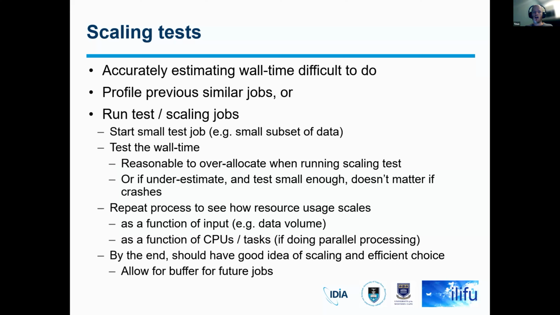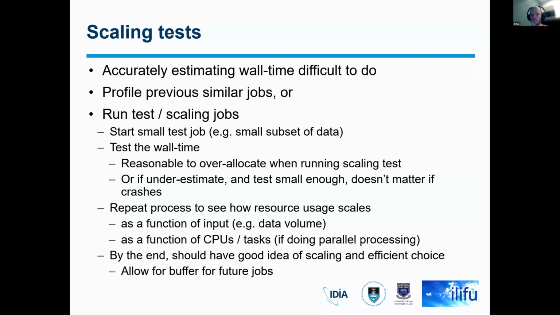So what you can do to get a better estimate for your jobs is to take your job and a small subset of your data, for instance, and then test the wall time for that smaller version.